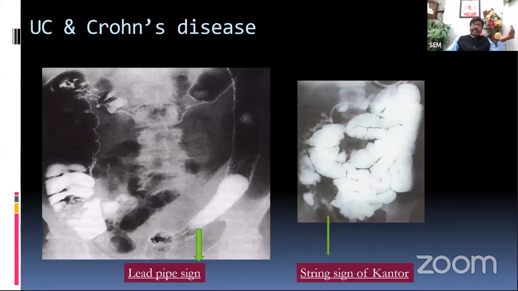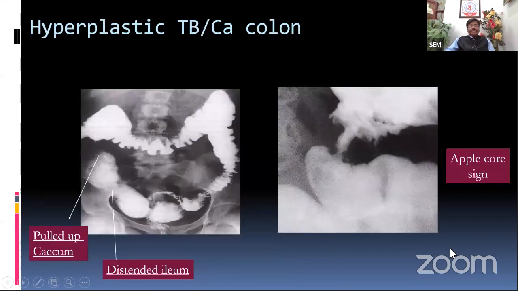Just to recollect all the 4 cardinal signs we have witnessed so far. In ulcerative colitis, when you do a barium enema, you see a loss of haustrations, that is called the lead pipe sign. In Crohn's disease, there is a long, smooth narrowing of the terminal ileum, like a thin, watery string of barium, that is called the string sign of Kantor.